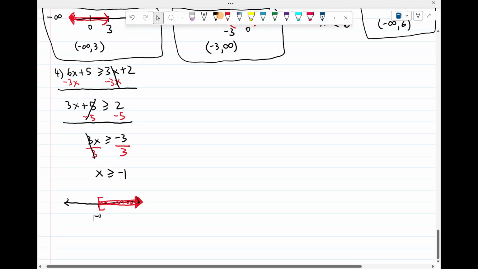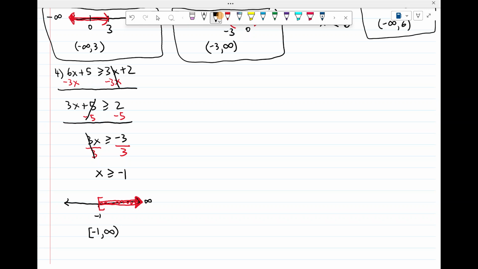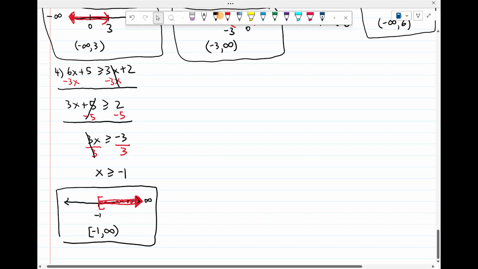When I'm trying to express my answer in interval notation, I'll put positive infinity on the right, and then it becomes clear that this is all the numbers in between negative 1 and infinity. And that is my final answer. That is my solution set to that inequality.